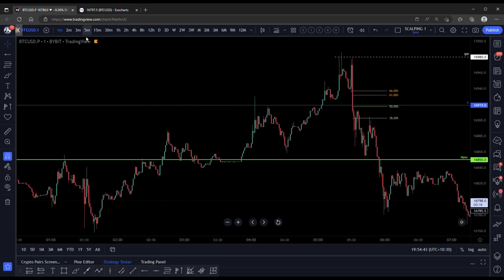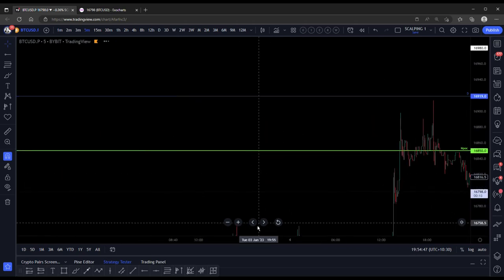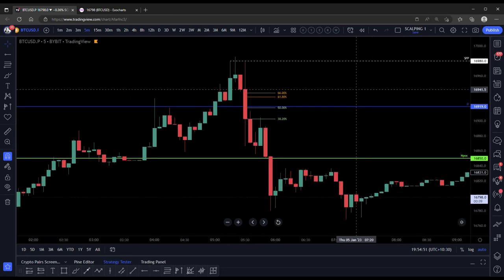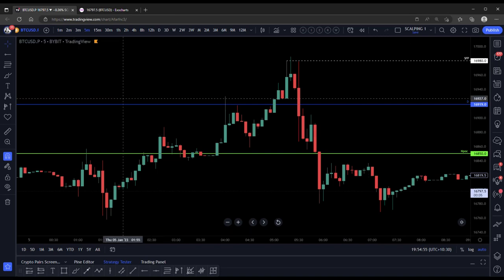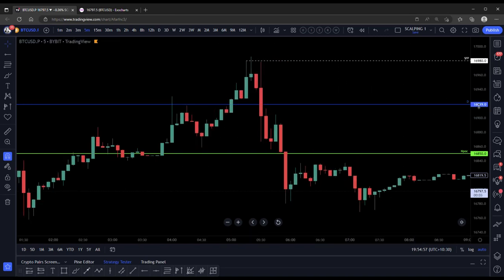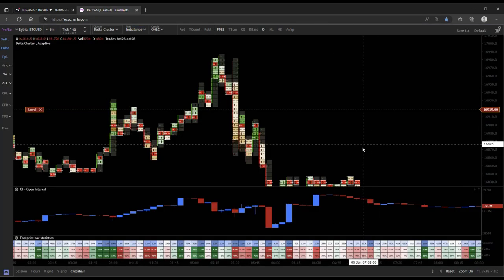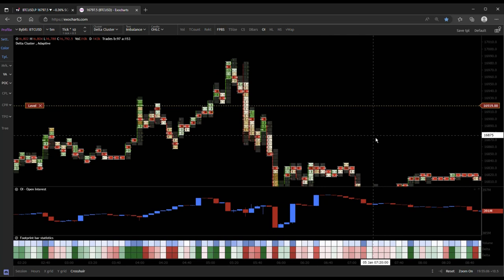So this is what you've got to remember, that we're at a key level in the market, so you have to take all those things into context, obviously. So that's basically in a nutshell how I can snipe some pretty crazy low time frame SFPs.